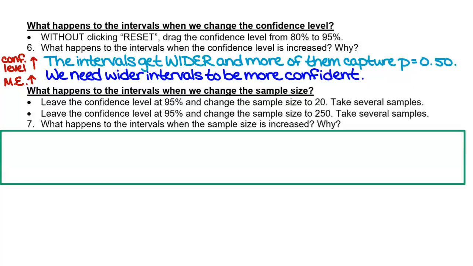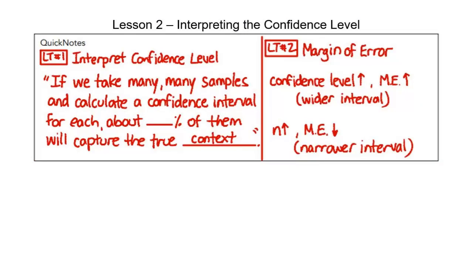We are almost done with today. If you want to flip this over on the back side, interpreting our confidence level, here's that stem that we saw. If we take many, many, many samples and calculate a confidence interval for each one, about blank percent, whatever our confidence level is, of them will capture the true population proportion.